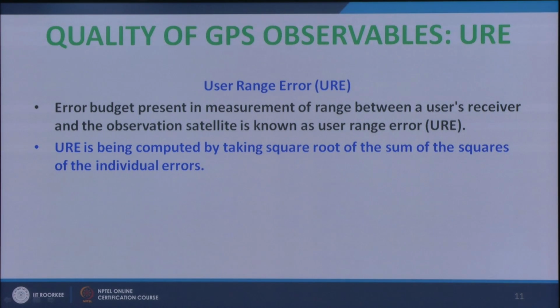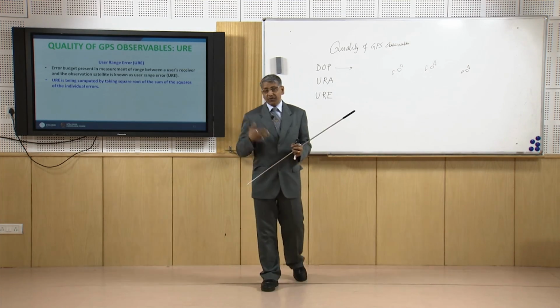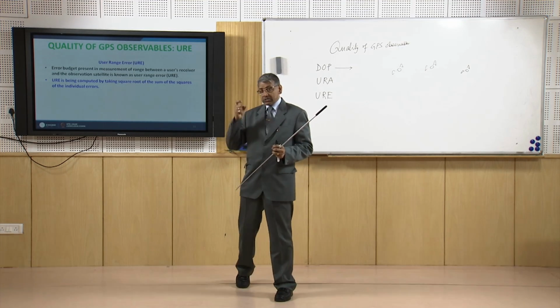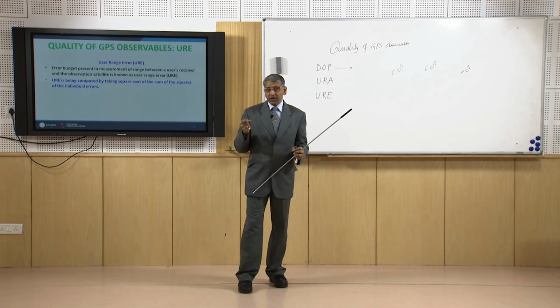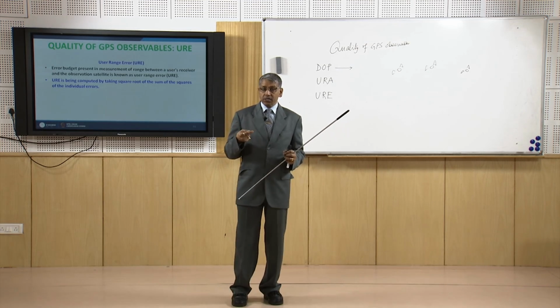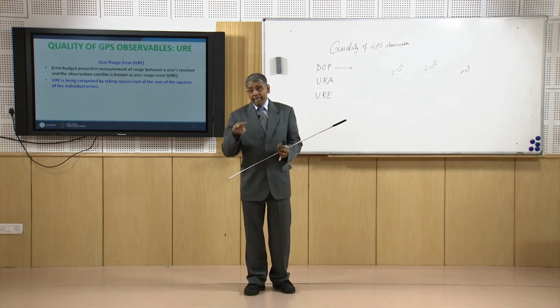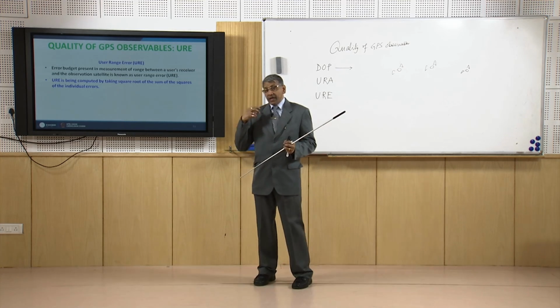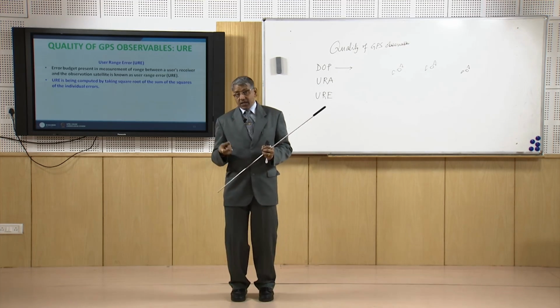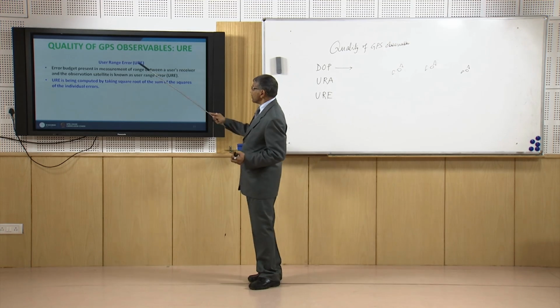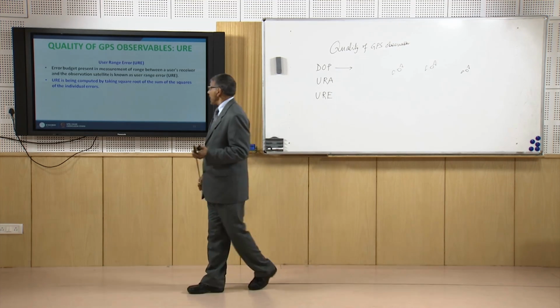Actually, user range error, as I told you, during GPS observation there are errors and the sources of errors are different. So, for each source we try to find out how that source is contributing to the error in measurement of range, and taking the square of those errors and the square root of the summation, we compute the user range error.